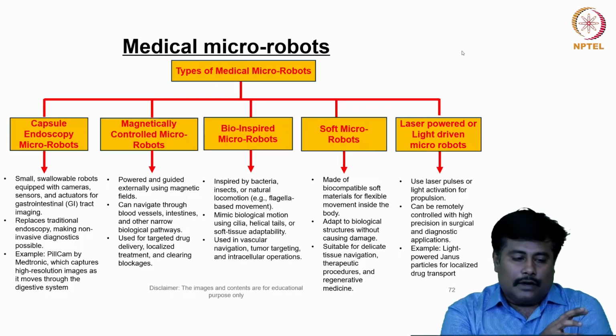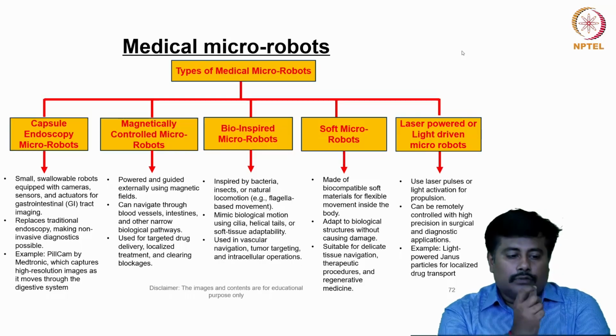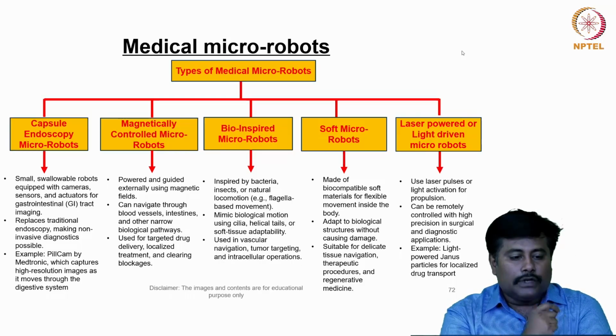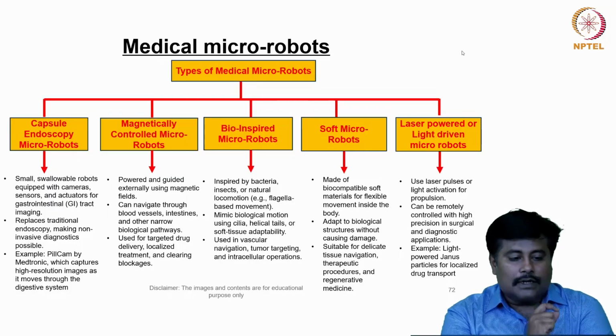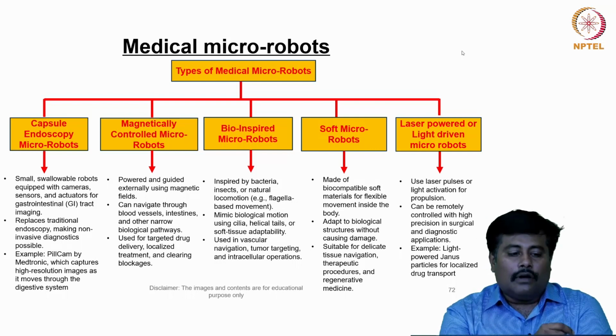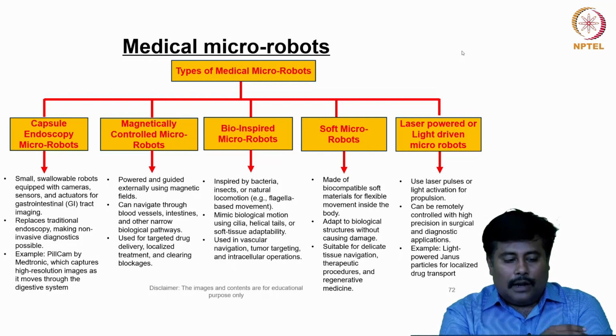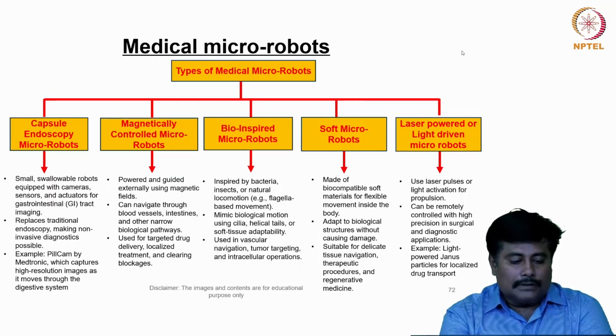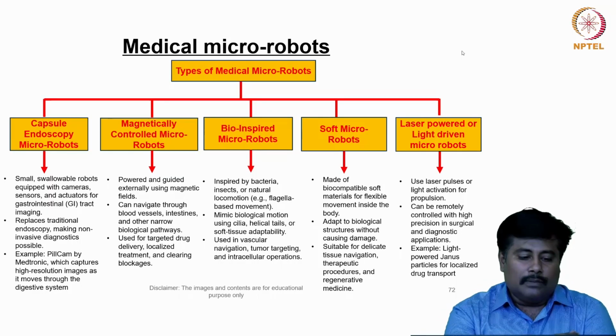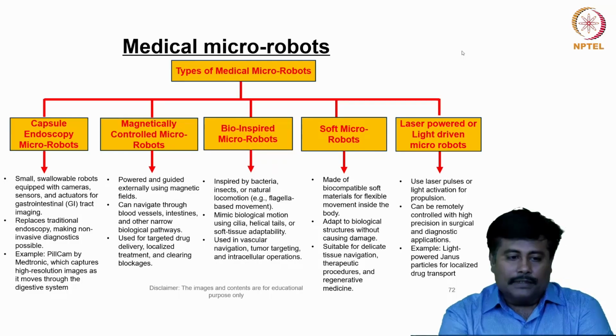These are small, swallowable robots equipped with cameras, sensors and actuators for gastrointestinal tract imaging. It replaces traditional endoscopy, making non-invasive diagnostics possible. There are different examples, like PillCam by Medtronic, which captures high resolution images as it moves through the digestive system.